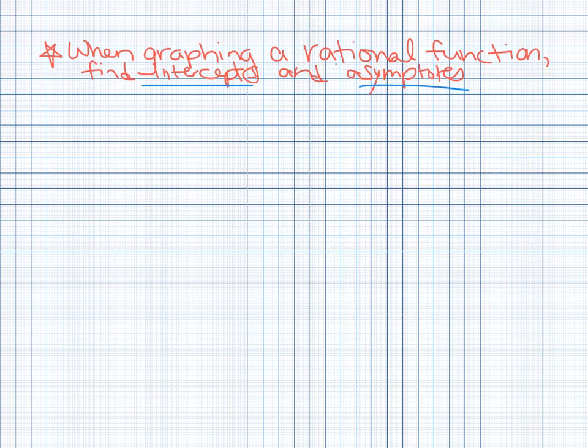And just to clarify, I didn't write a full definition of this, but a rational function is basically a function that has a fraction, and it's always going to be where you have a variable in the denominator. So the fancy definition is that it's a quotient of polynomial functions, but the basic idea is that it's a fraction with a variable in the denominator.